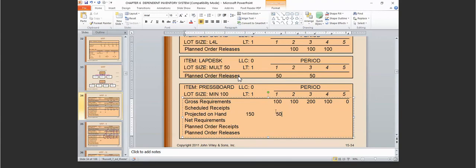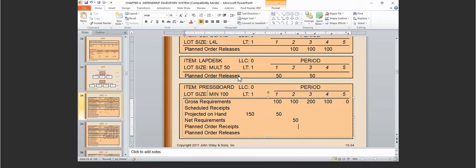we have a shortage of inventory in period 2 because we only have 50 units of projected on-hand inventory. Therefore, the net requirement here will be 50 units, and we need to determine the quantity of order received for period 2. The quantity must follow the lot sizing technique applied for the Freshbot.